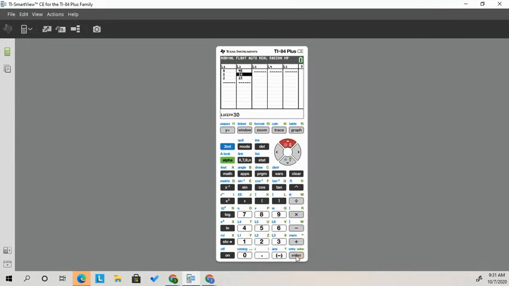And then each one of these has to be divided by 90 to make the probability. So what I'm going to do is overwrite list 2. It's kind of a shortcut.